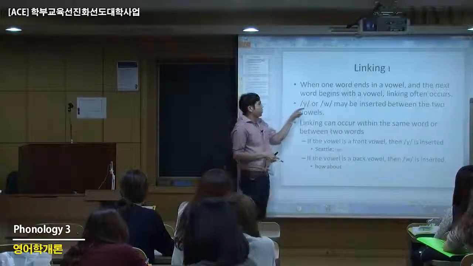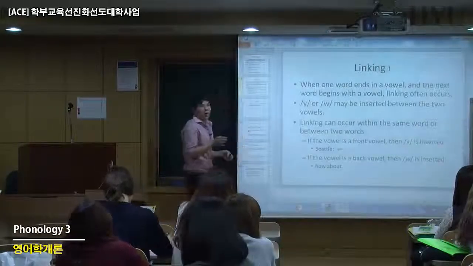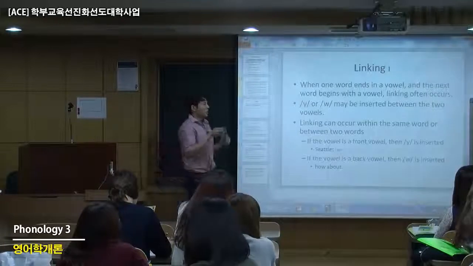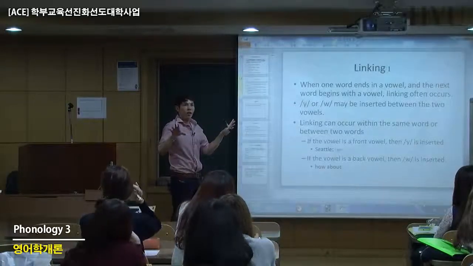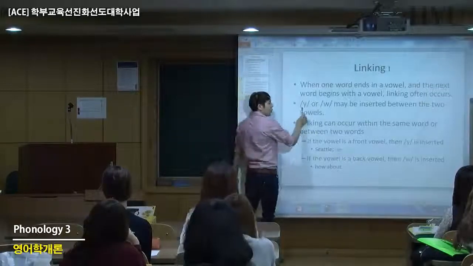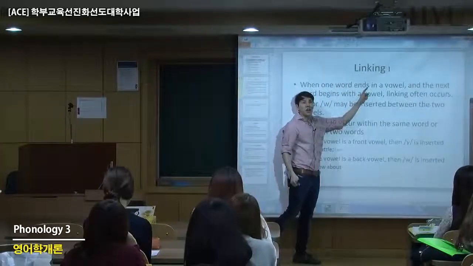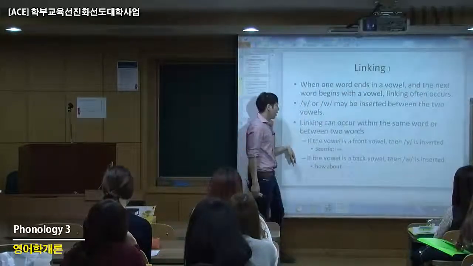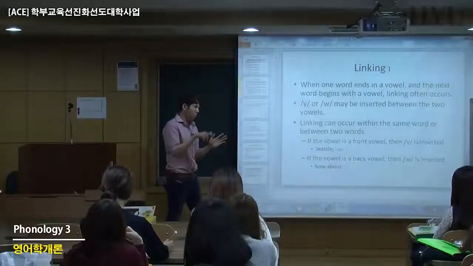So Y or W may be inserted between the two vowels, because we don't like two vowels together. We like one to be a consonant and then a vowel afterwards. So you link either the Y or W. Linking can occur within the same word or across two words.